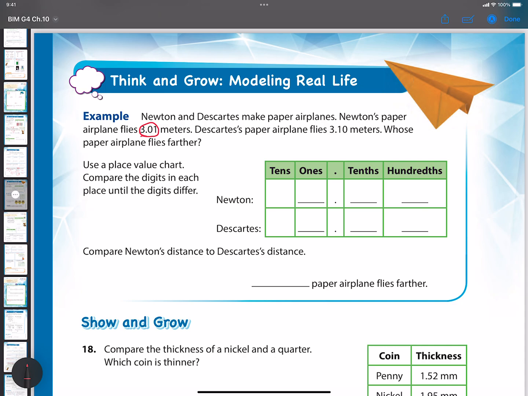Compare the digits in each place until the digits differ, right? Let's go ahead. Newton is 3.01, and Descartes is 3.10. So compare Newton's distance to Descartes' distance, and whose paper airplane flies farther? Descartes.